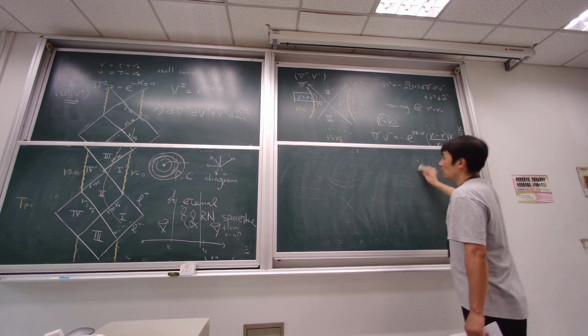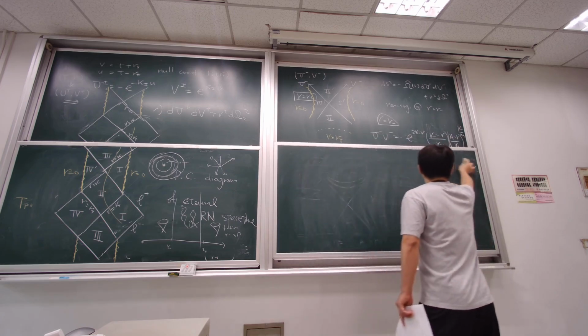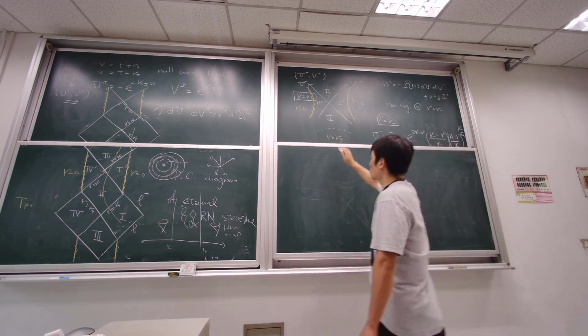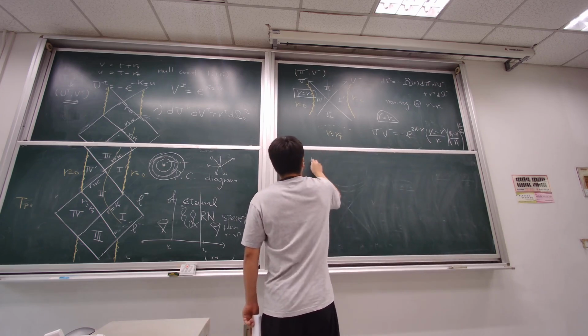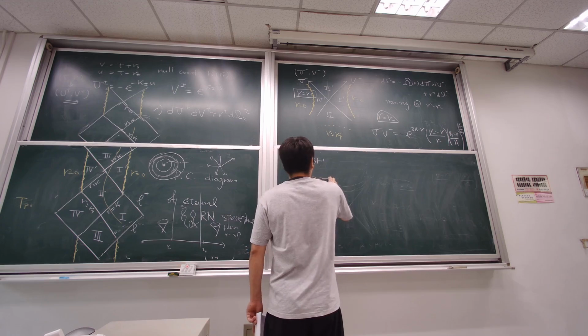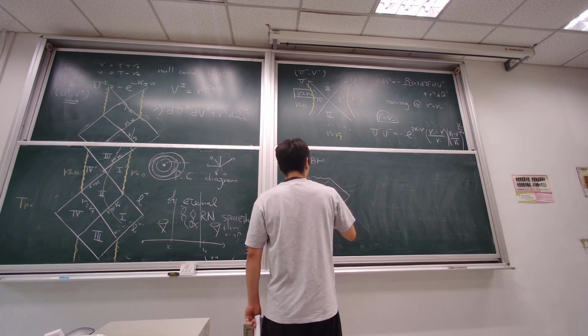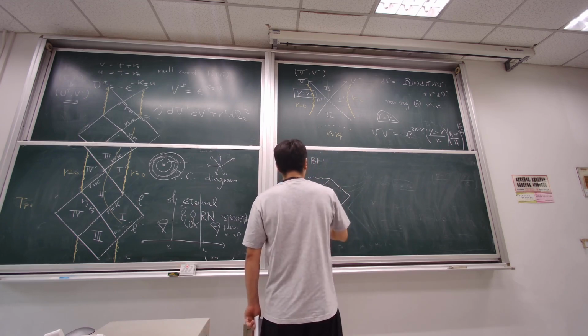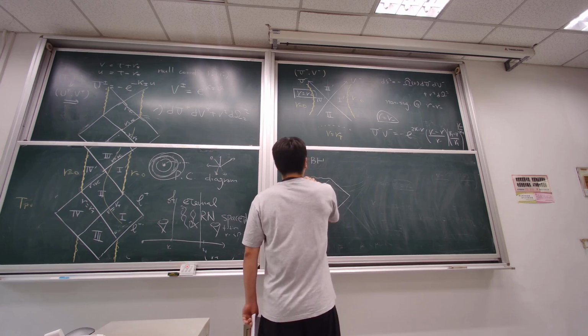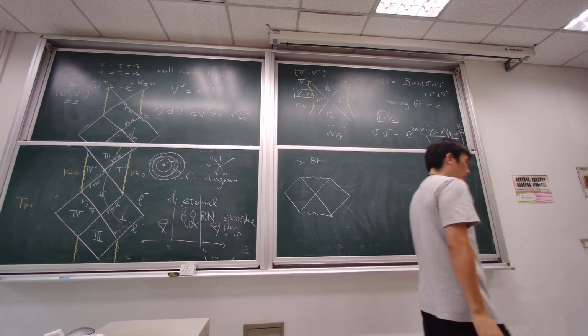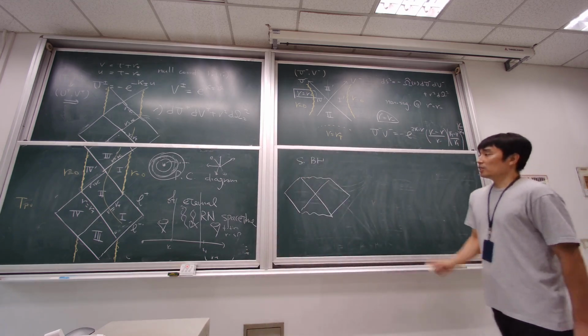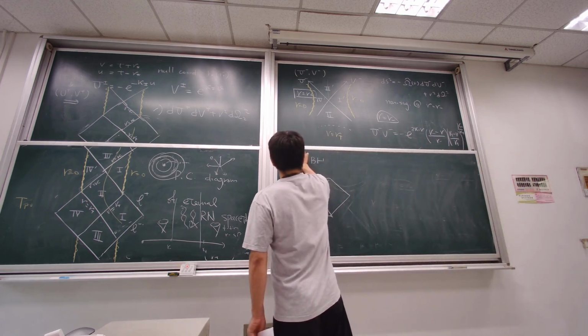But as we already showed for the Schwarzschild black hole, the Penrose diagram becomes like this. This is eternal.